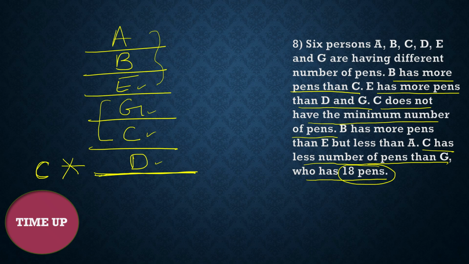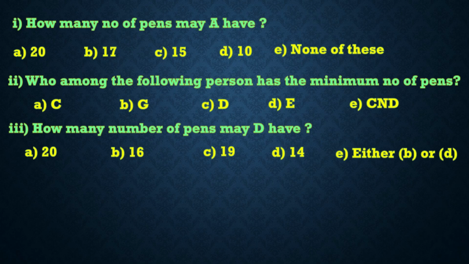Now we will solve the questions. And G is having how many pens? 18 pens they have said. 3 questions for this question. Try to solve it. I draw the arrangement once again here.